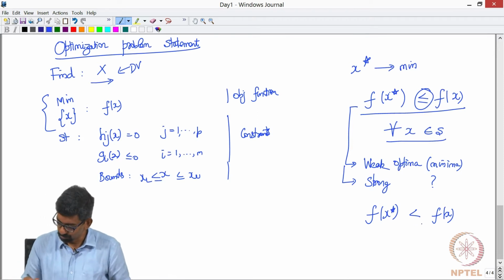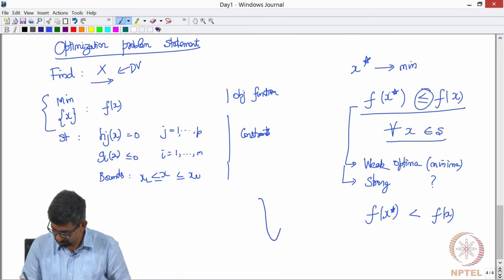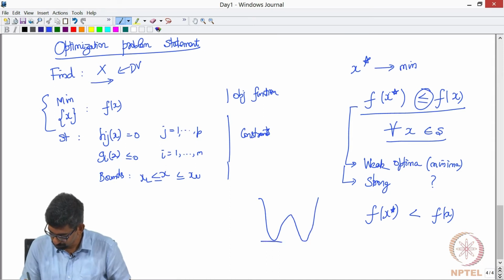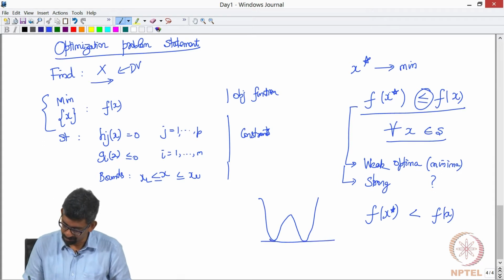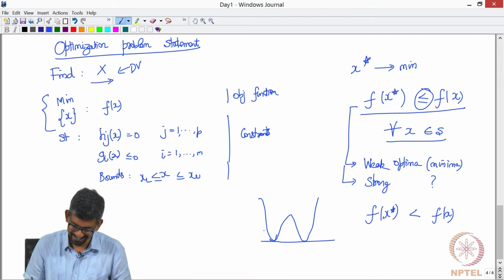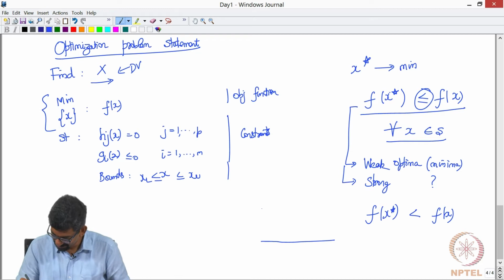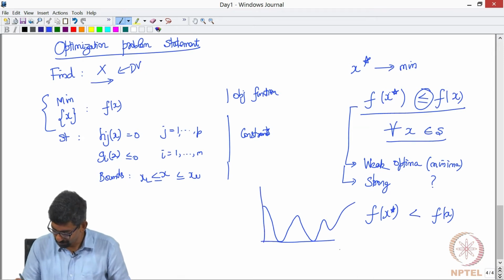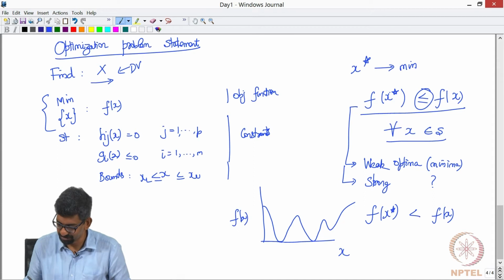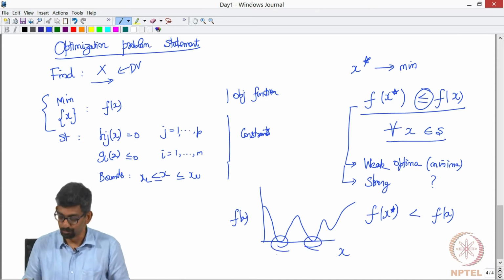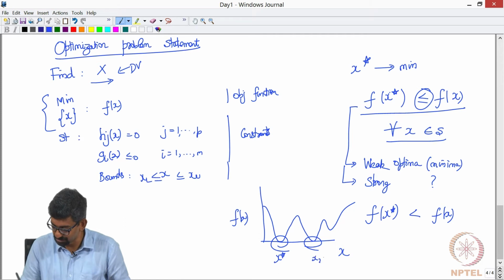So, if you have a function like this, they both take the same values. It's difficult to draw. So, let us say this is S and x, and this is f of x. Both of them are, this is x1 star, this is x2 star, they take two values.